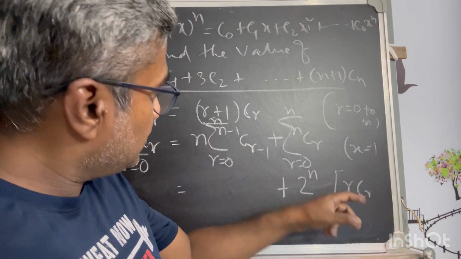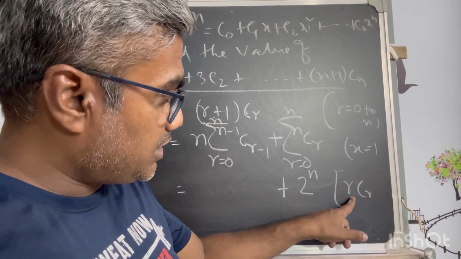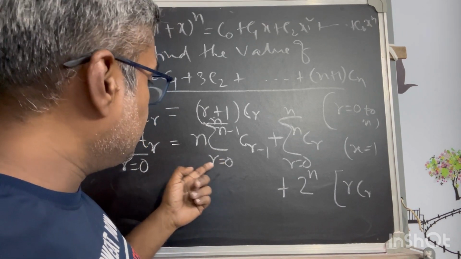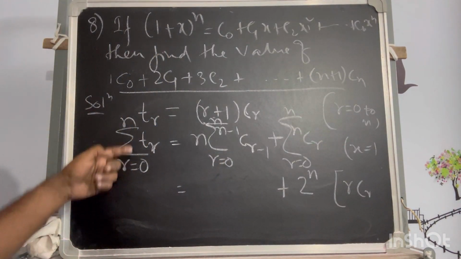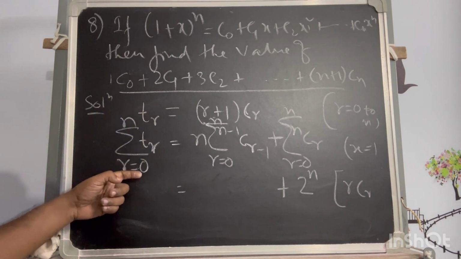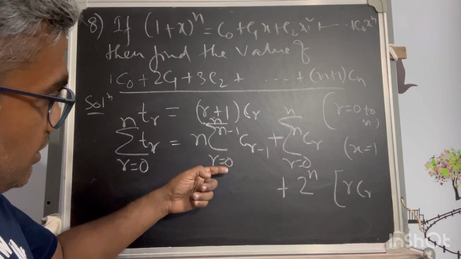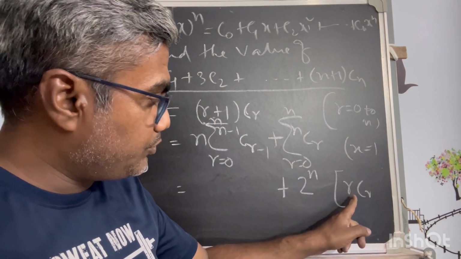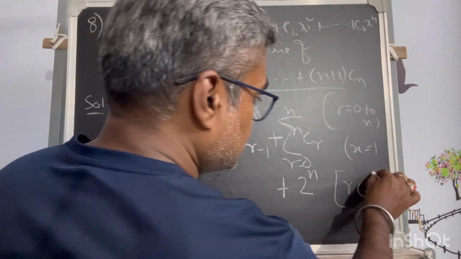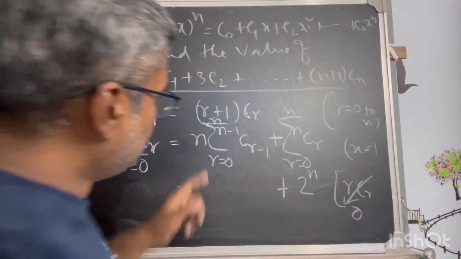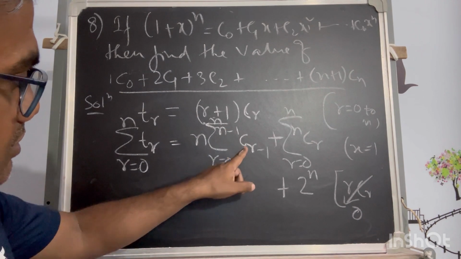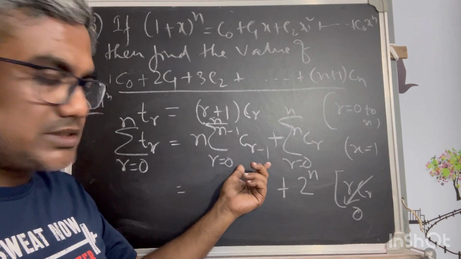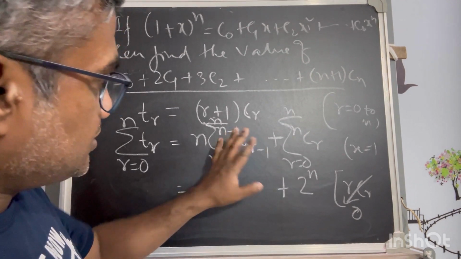Now coming to the initial stage, where if I say this r and this r are the same, and this is being affected due to this tr where r is taken as 0 to n, this also should carry r 0 to n, but this has been derived from this part. Whereas if I put r is equal to 0 here, this total term will become 0. So there is no existence of r, because even if I put r is equal to 0, this is undefined. Any series does not contain undefined, so this is being nullified.